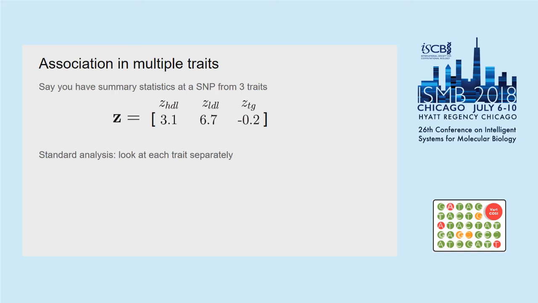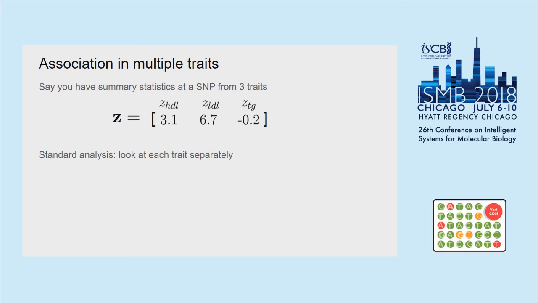So what if you wanted to do association with multiple traits? The standard thing that you would do is to look at each trait independently, one trait at a time. For example, maybe you have GWAS summary statistics, our z-scores from a SNP in 3 different traits, HDL cholesterol, LDL cholesterol, and triglycerides.